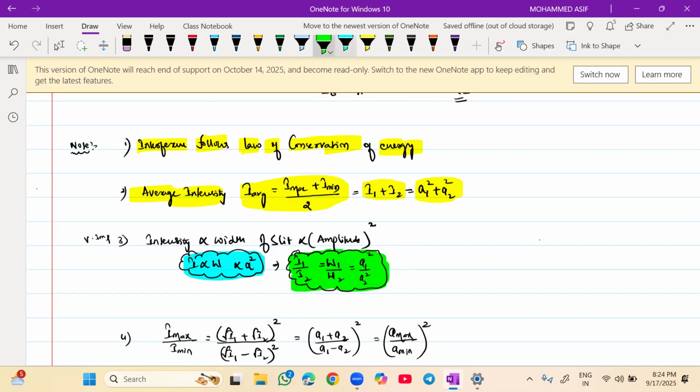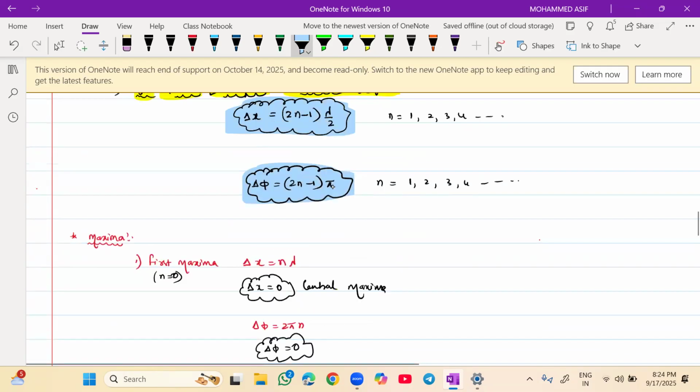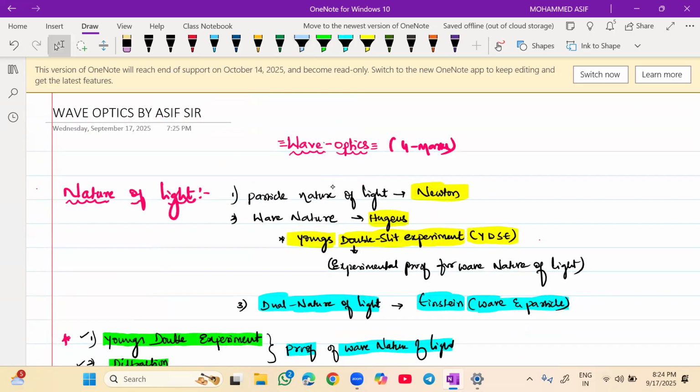Tomorrow, in the last point, we'll try to do the problems on interference, and we'll start with coherent and non-coherent sources and the YDSE experiment for doing the numericals.